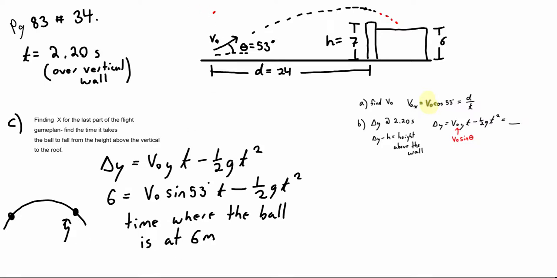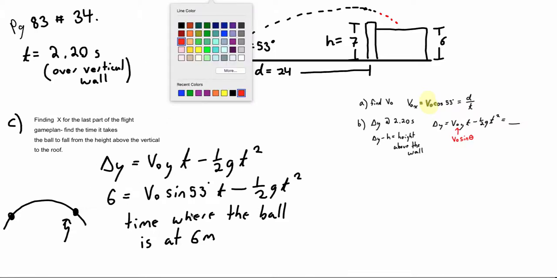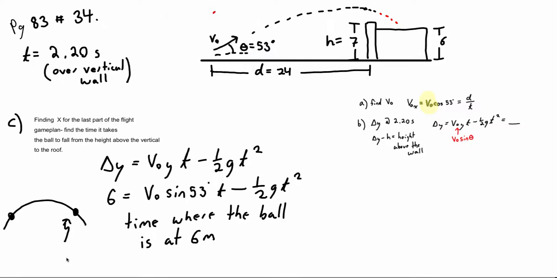So when you find the time for it to go this last bit, from the very top over the vert to where it hits the 6 meters, you're going to say that your time for that last part is whatever you find here minus your 2.2 seconds.